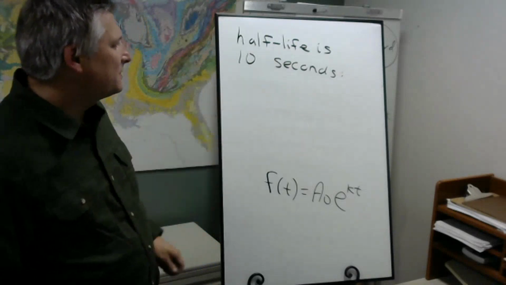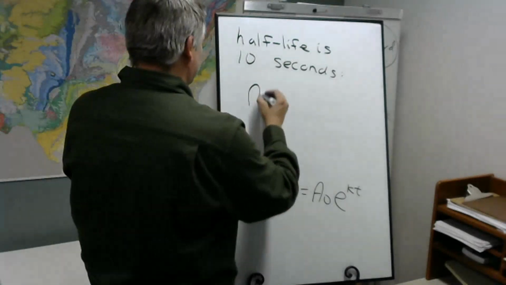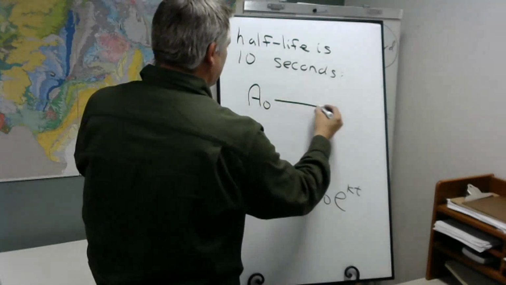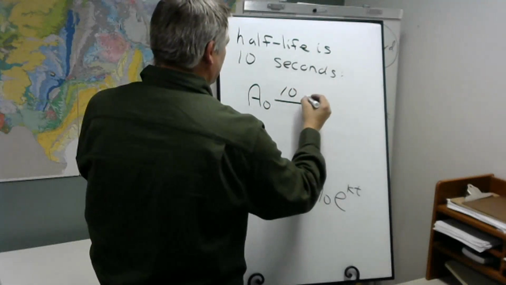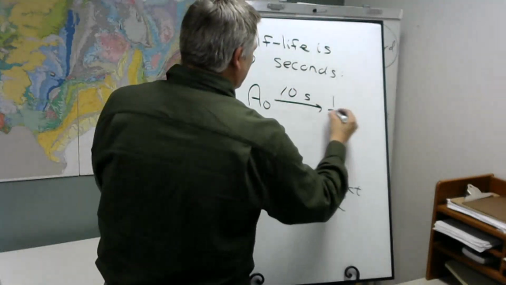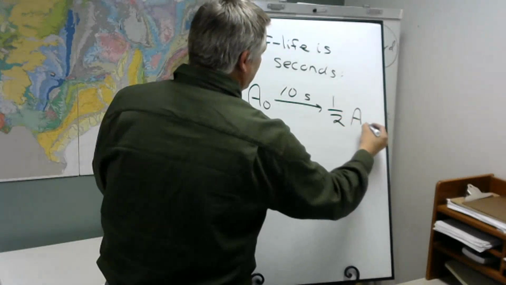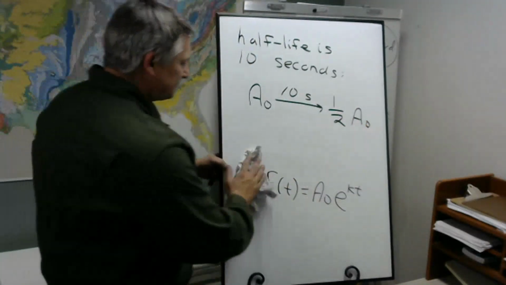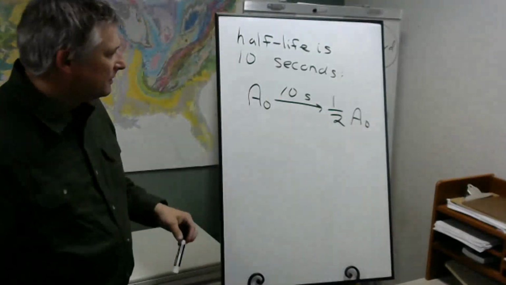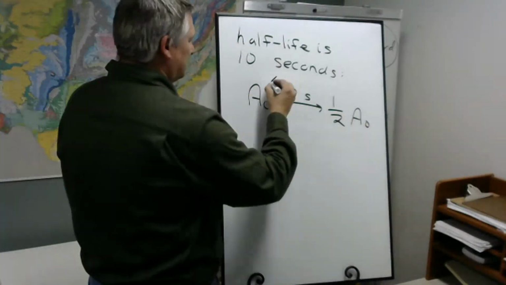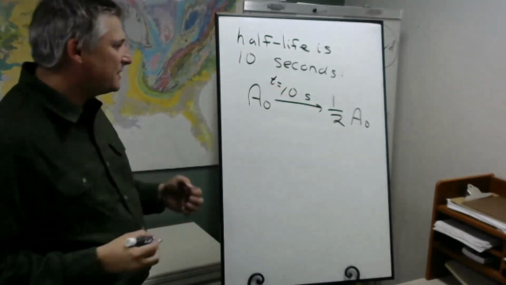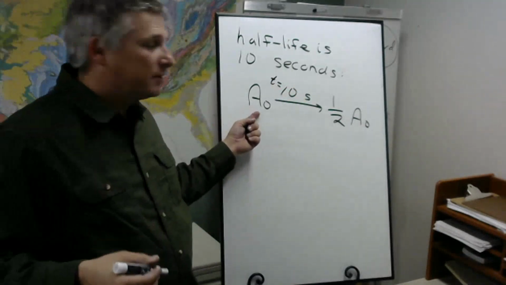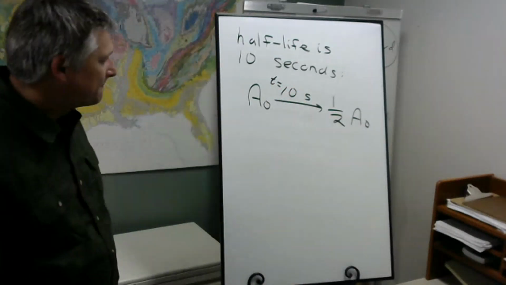Well, that means after 10 seconds, whatever we started with, 10 seconds goes by, we're going to have half of it left. So when t is 10 seconds, whatever we start with, there's half of it left.